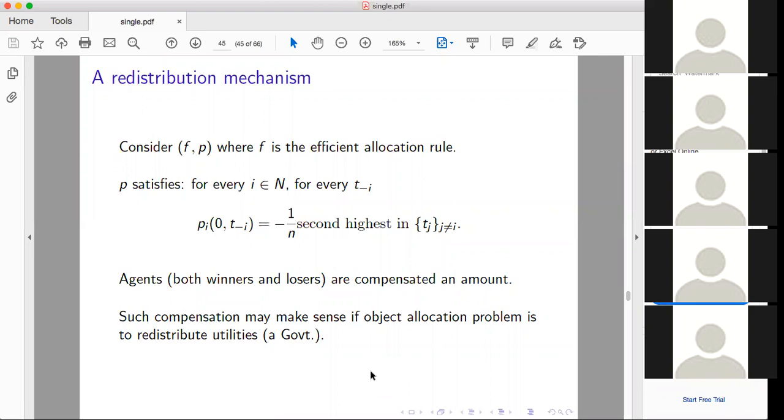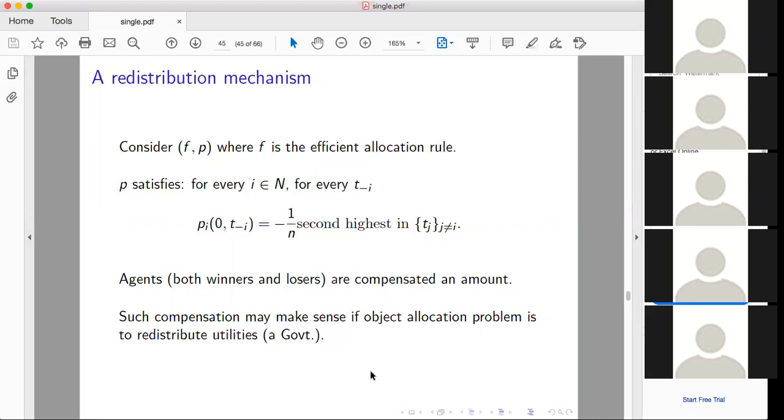Yeah, what will be the best notion of redistribution? So essentially, I have not been very formal on this. What we want is an ex-post IR, dominant strategy incentive compatible, efficient mechanism which maximizes the sum of utilities of all the agents, right?